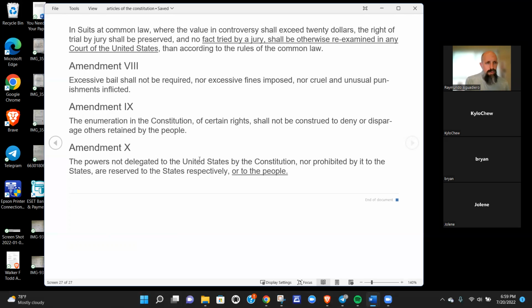Now, I don't know what is in suits at common law. What does that mean? Anybody? And I guess cases in common law, no, where they're not. No, let's just read it again.